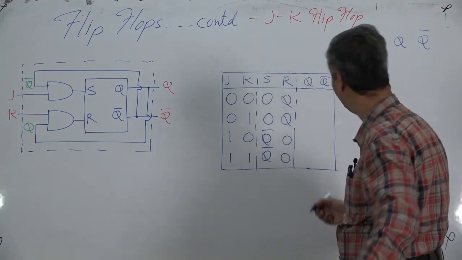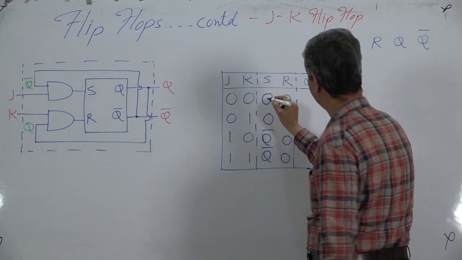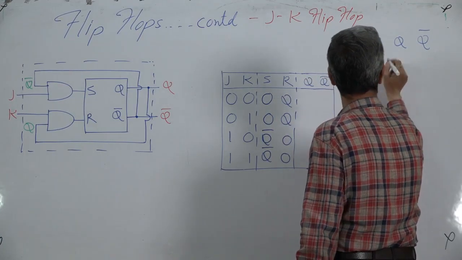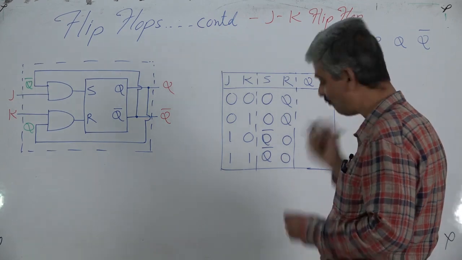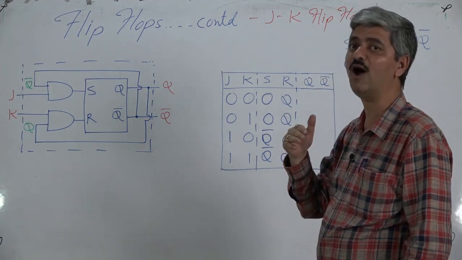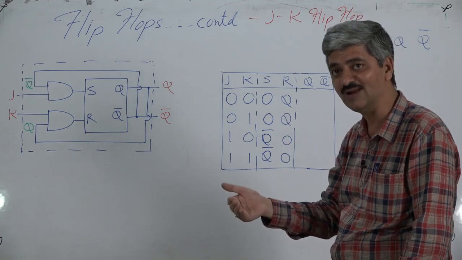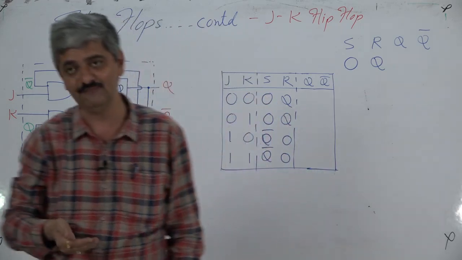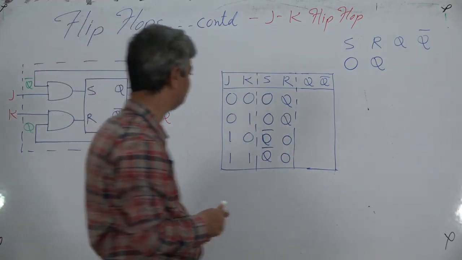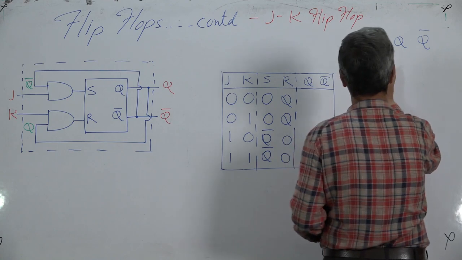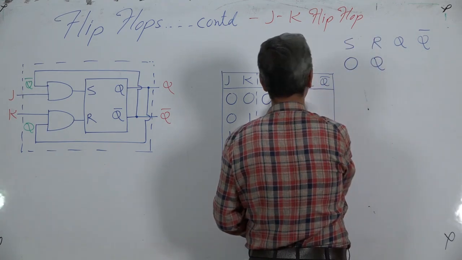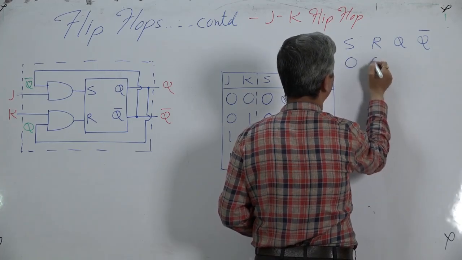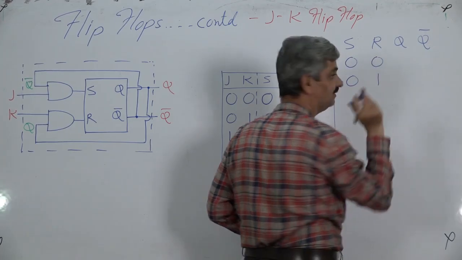So we have to write J equal to 0, K equal to 0 leads to S equal to 0 and R equal to Q. So we should write what if Q is 0 and what if Q is 1. This first row we can write in the form of 0, 0 and 0, 1.